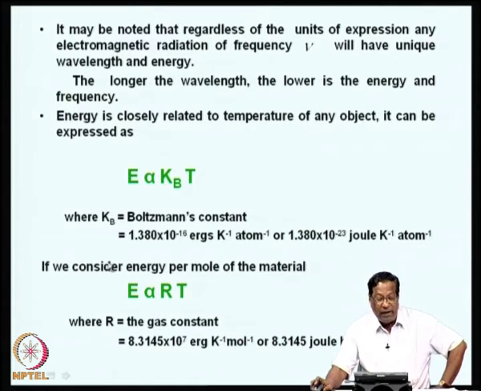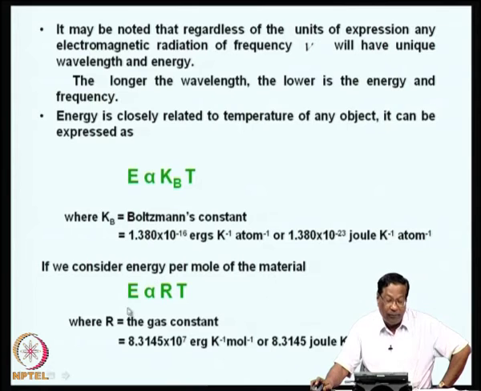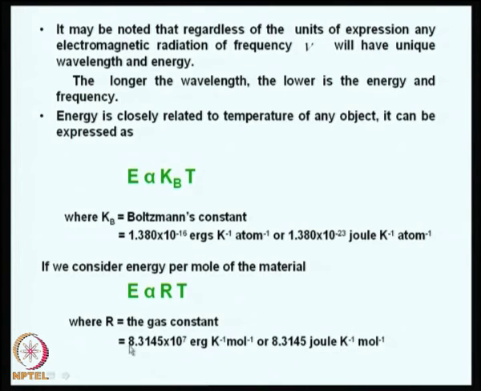If we consider energy per mole of the material, then E can be defined as being proportional to RT, where R is the gas constant, and its value is 8.3145 into 10 raised to 7 ergs K inverse mole inverse, or 8.3145 joules K inverse mole inverse.